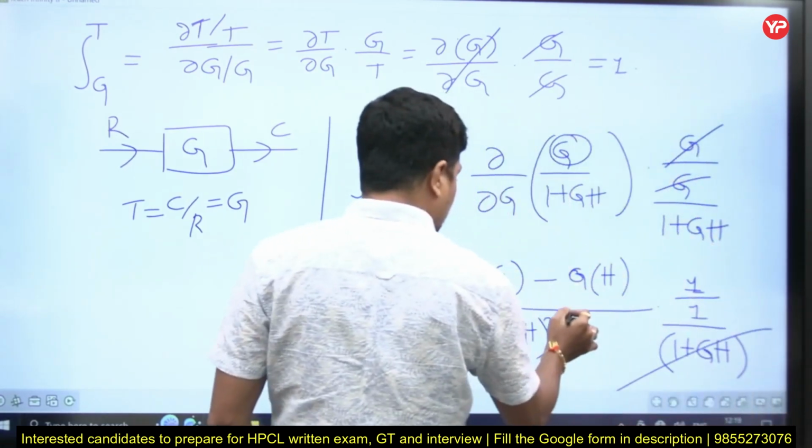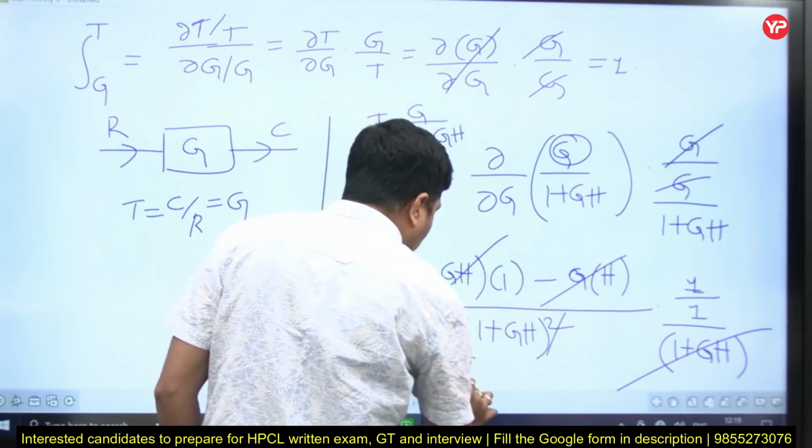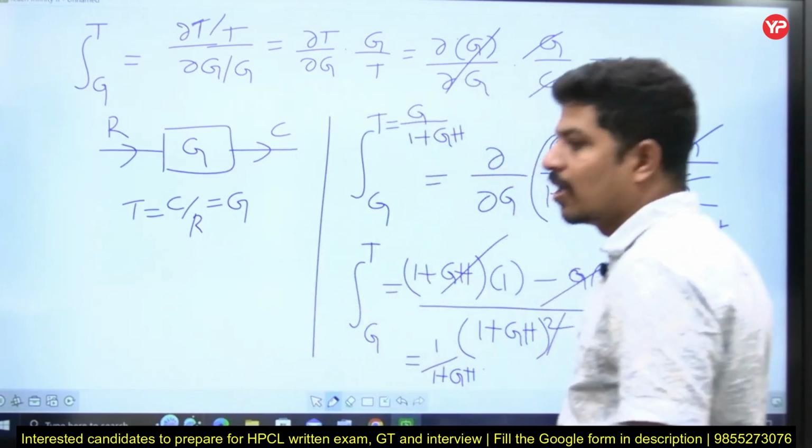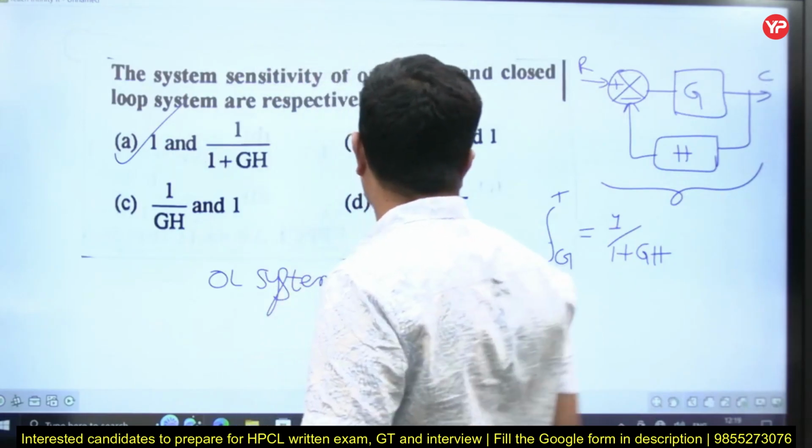So this 1 plus GH, this 1 plus GH gone, this GH gone. You are left with 1 by 1 plus GH. The answer is 1 by 1 plus GH. We proved it. The answers are 1 and 1 by 1 plus GH.